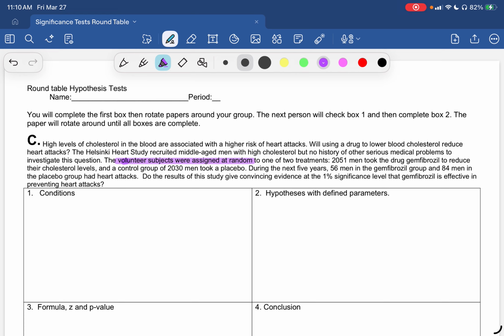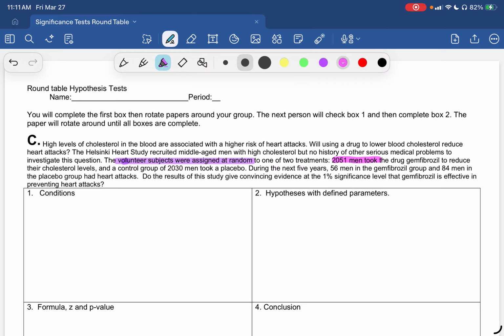Because of random assignment, we don't care about sampling without replacement, so you don't have to check the 10% condition. What I always say is put 10%. Random assignment means we are sampling without replacement because we're not actually doing anything other than random assignment. But you can check the key for that.